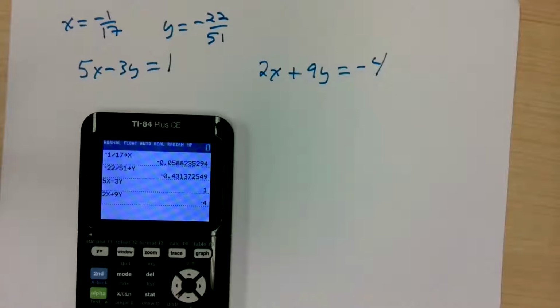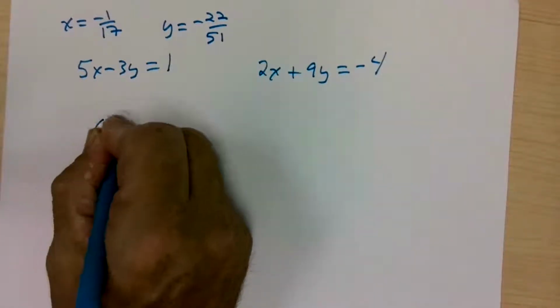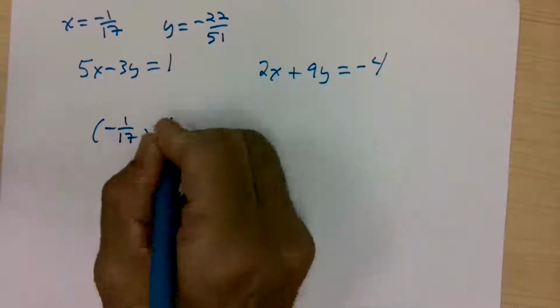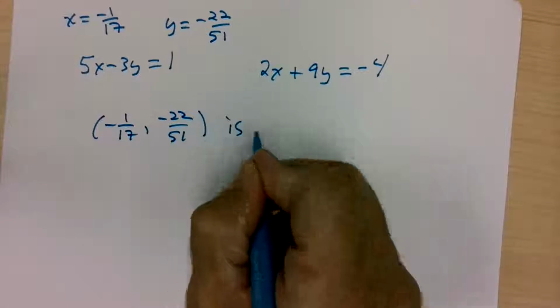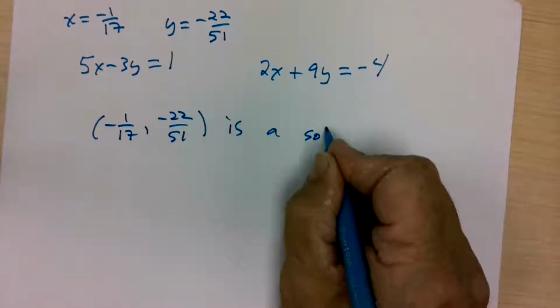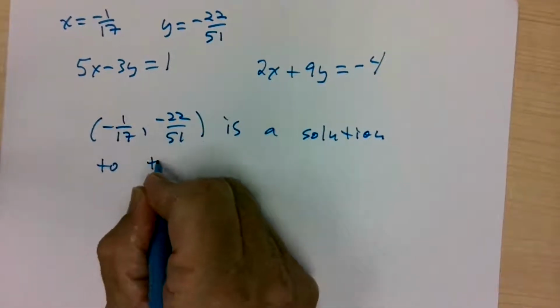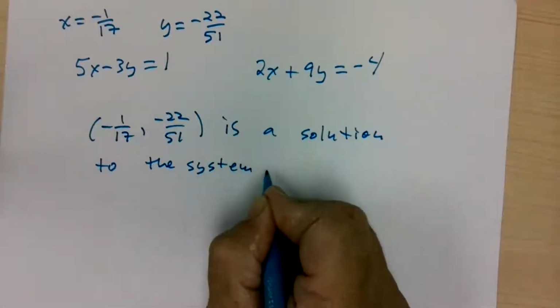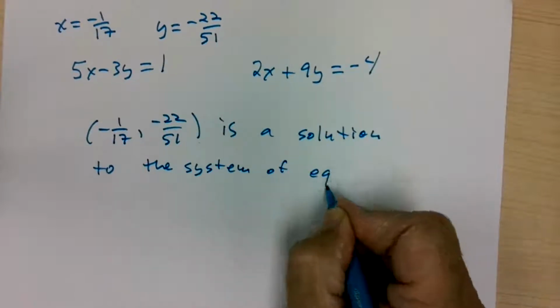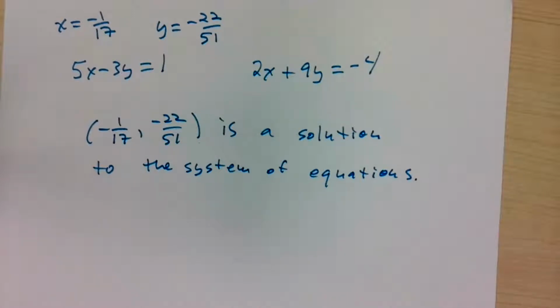And it certainly seems to be the case that negative 1/17, negative 22/51 is a solution to the system of equations. And that will conclude this lesson.